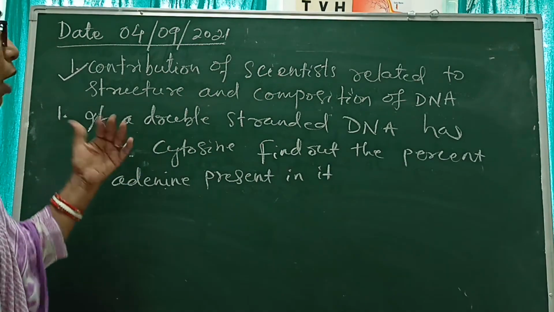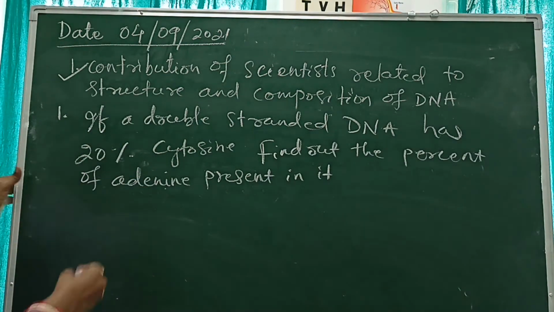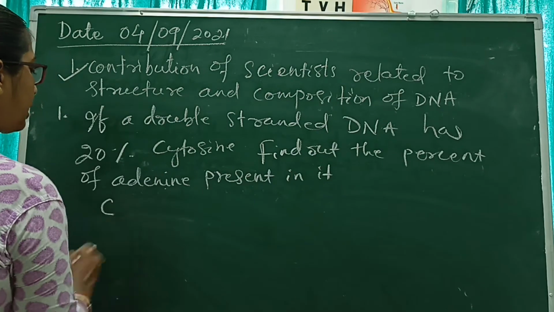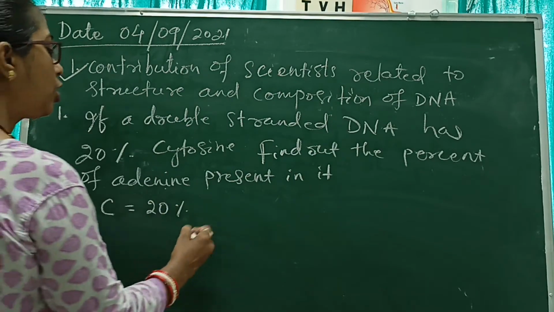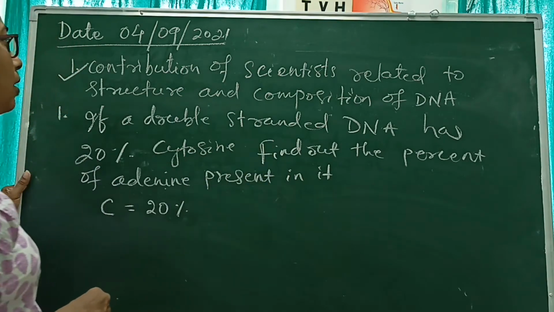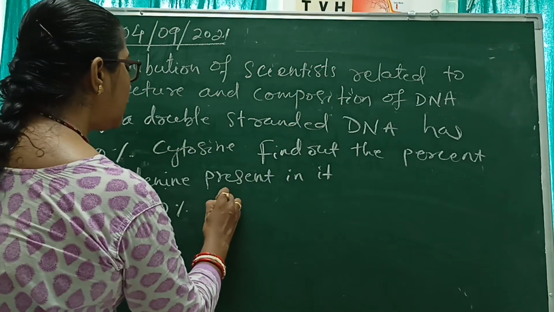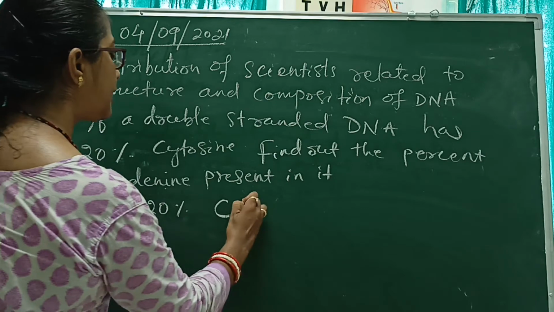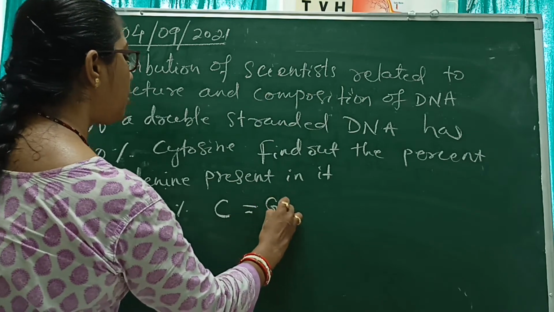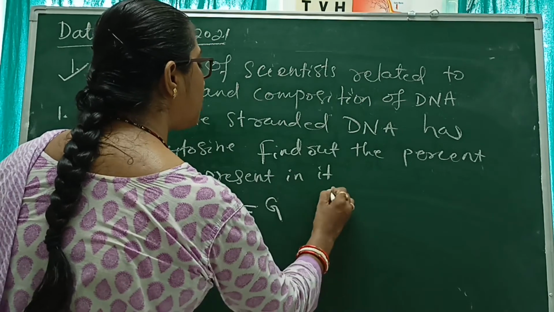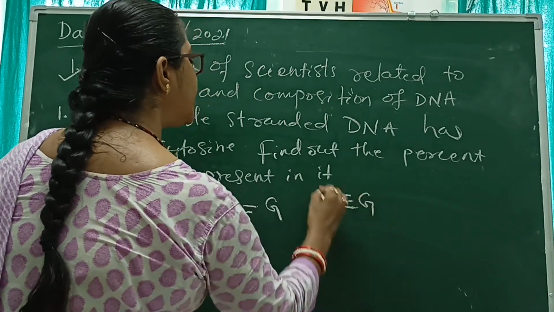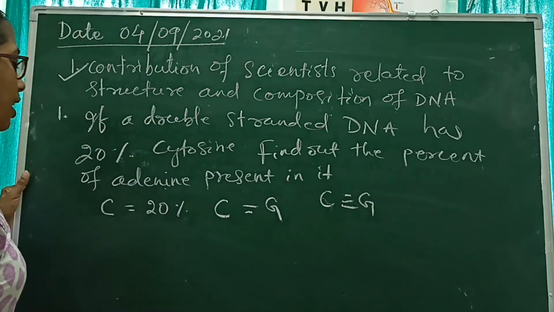So how to solve this? See children, cytosine, that means C is equal to 20%, and we know that according to Chargaff's base pair rule, the number of C is equivalent to the number of G, because there is always a constant pairing between C and G. C जितना रहेगा G उतना ही रहेगा.